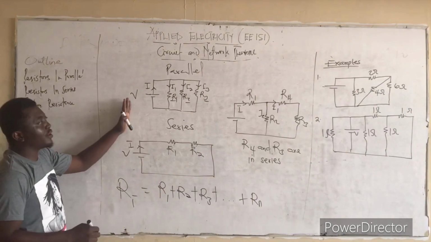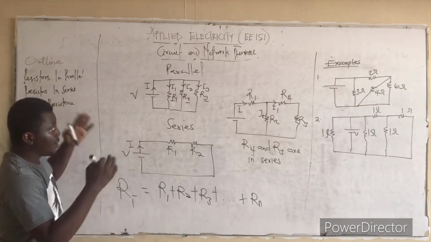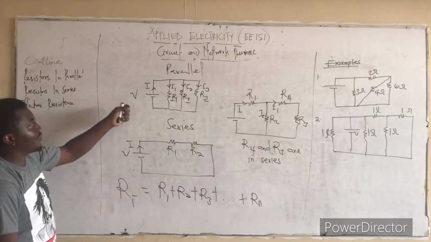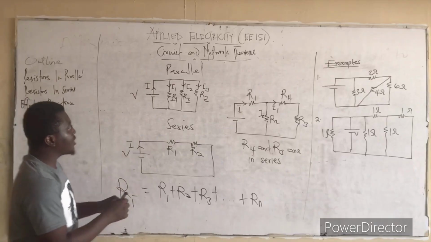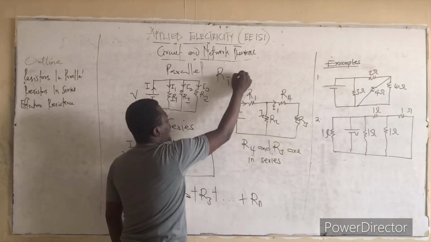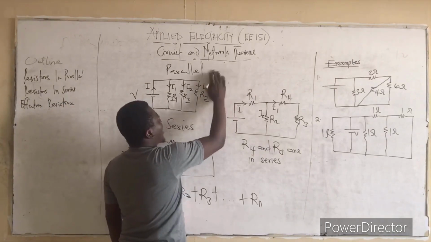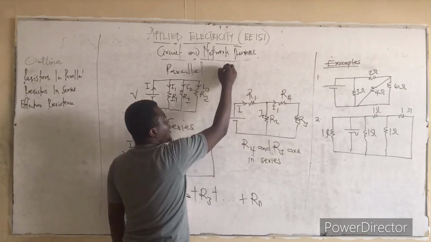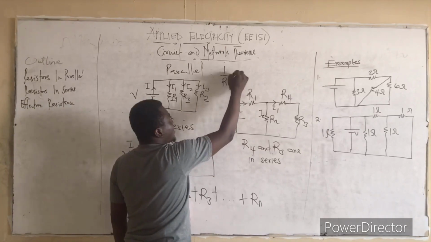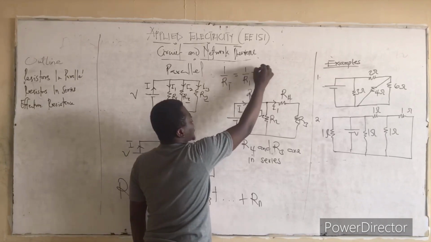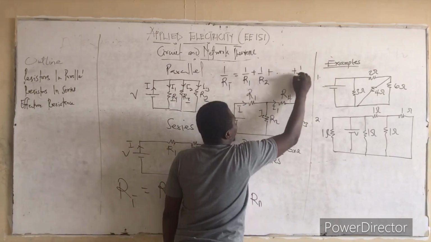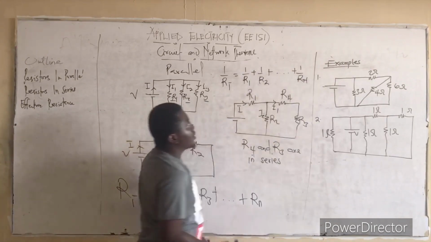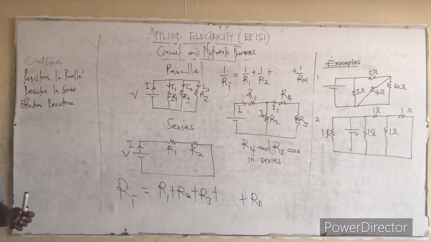But if it is parallel and there are n number of resistors in parallel, your RT cannot be found straightforward, but it is done by using 1 over RT is equal to 1 over R1 plus 1 over R2 plus ellipsis plus 1 over Rn, after which you reciprocate to get your RT.